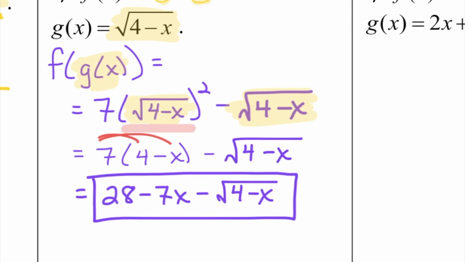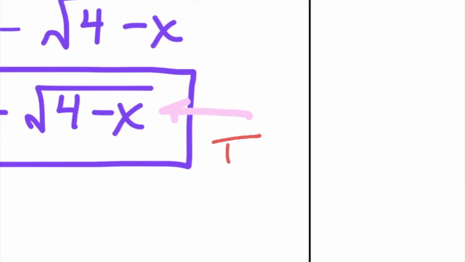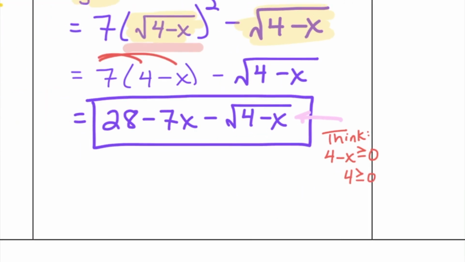But both the function g here and the function that is the resulting composition or composed function have this radical 4 minus x. And so here's where I'm going to think to myself, remember that what's inside a square root, 4 minus x, has to be greater than or equal to 0. And so 4 has to be greater than or equal to 0.